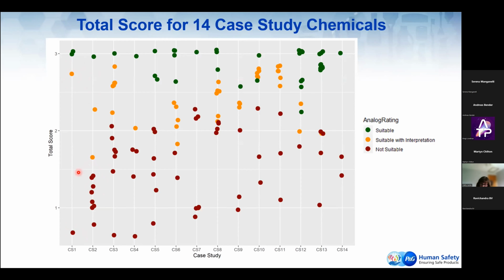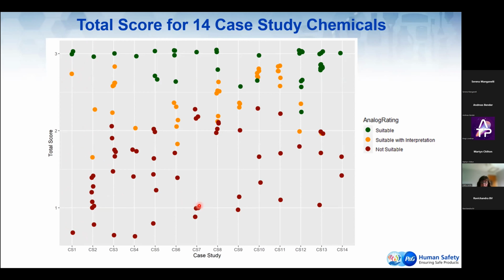And our computational toxicologist, Mahmoud Choubert, actually came up with a way to assess how well this similarity total score distinguishes between not suitable and suitable analogs. So how well can we distinguish these two?